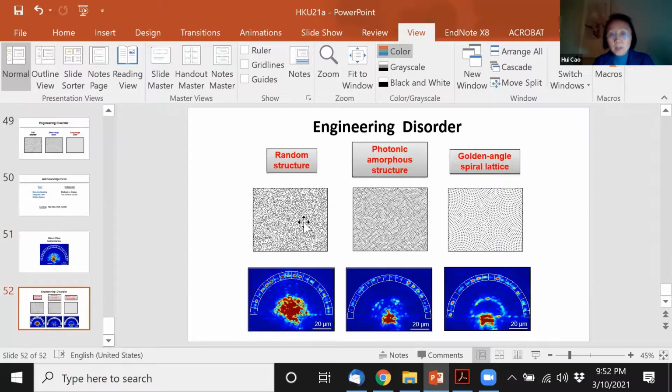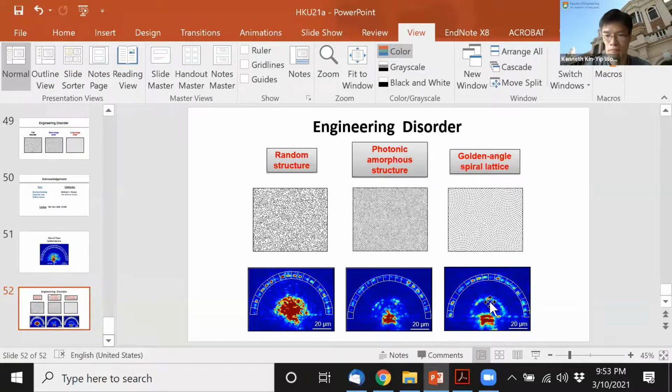We actually do not make a random structure, but we make some short range order, which we call the photonic amorphous structure. This introduces short range order, long range disorder, or long range order, short range disorder, like this golden angle spiral lattice. By controlling the spatial frequency spectrum of these structures, we can greatly suppress the out of plane scattering loss.